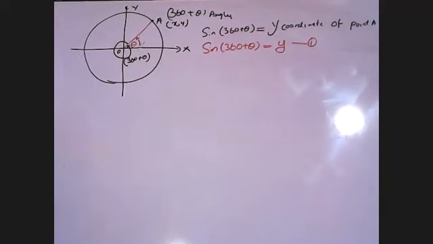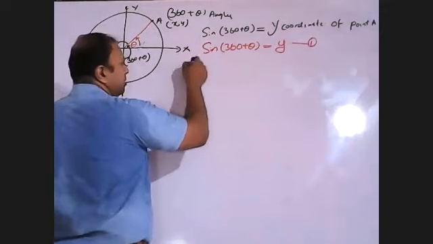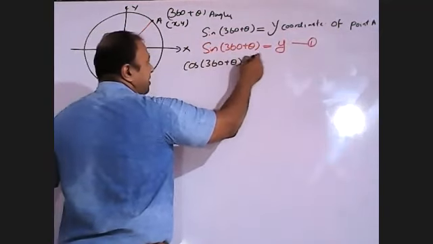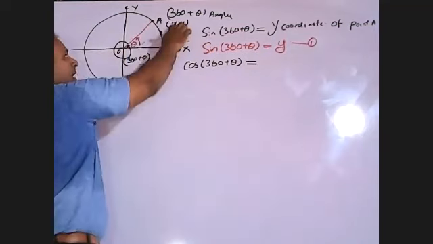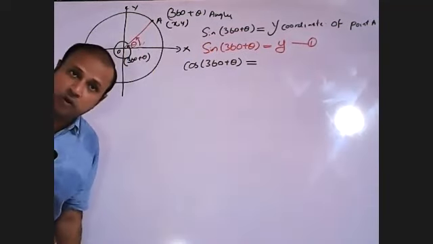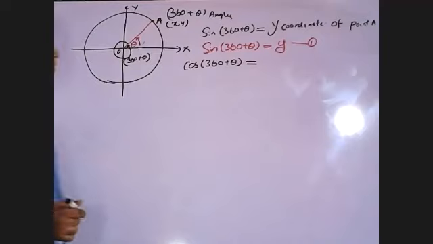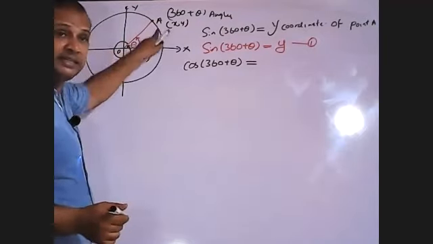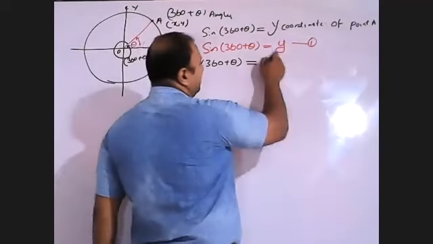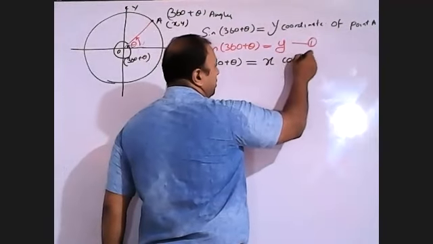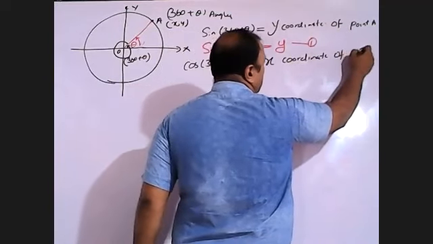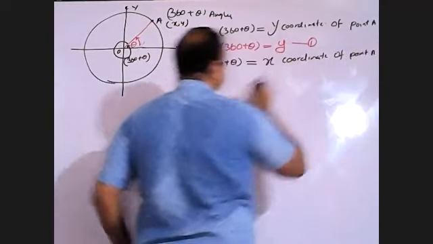Then cos 360 plus theta is equal to the x coordinate of the corresponding point. The corresponding point is A. So the x coordinate of the corresponding point is x.